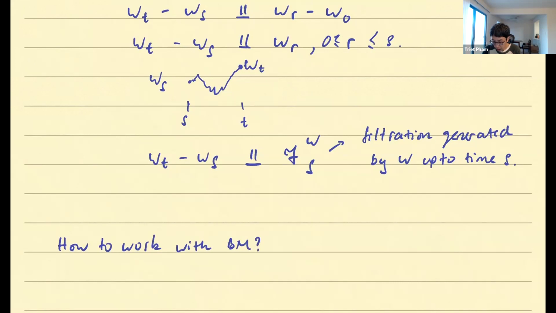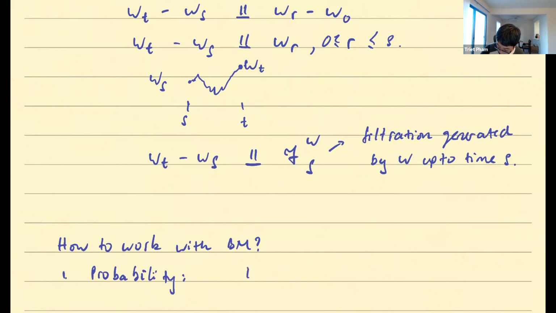So working with Brownian motion has many, many aspects. The first is the probabilistic aspect. In other words, we want to be able to take expectation and conditional expectation of different objects involving Brownian motion.